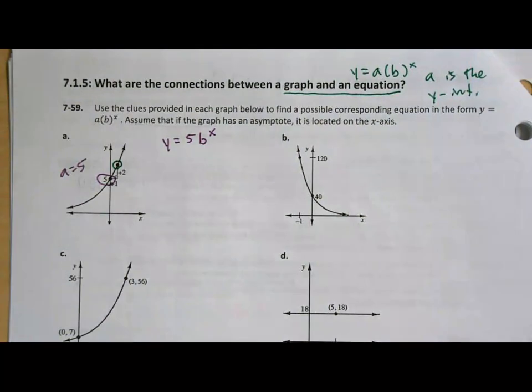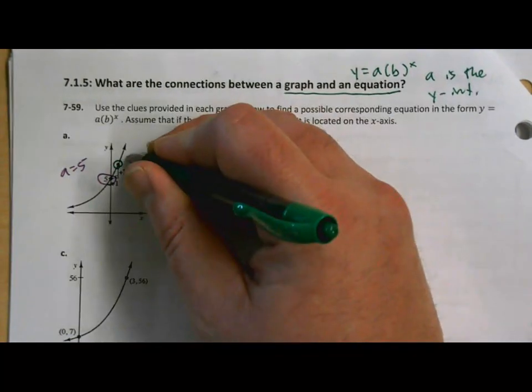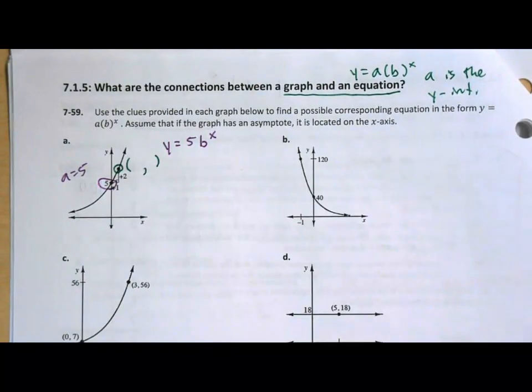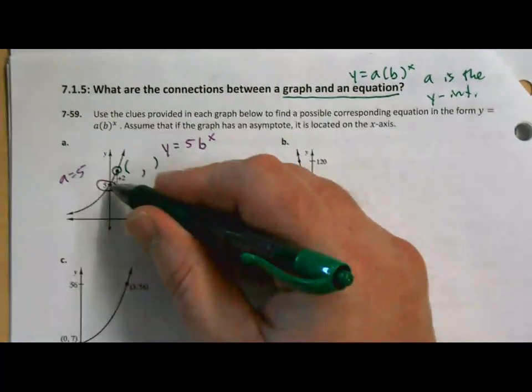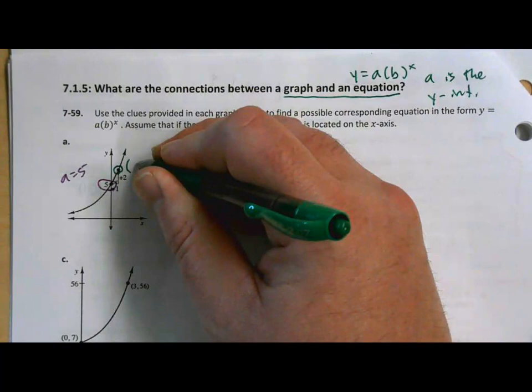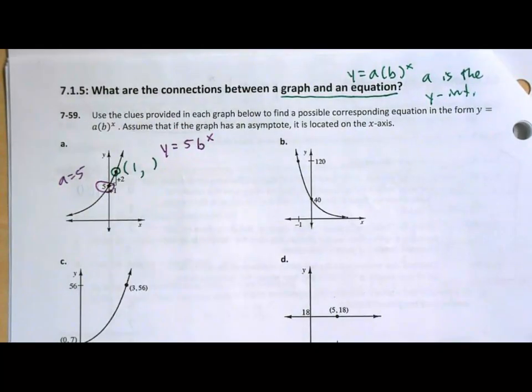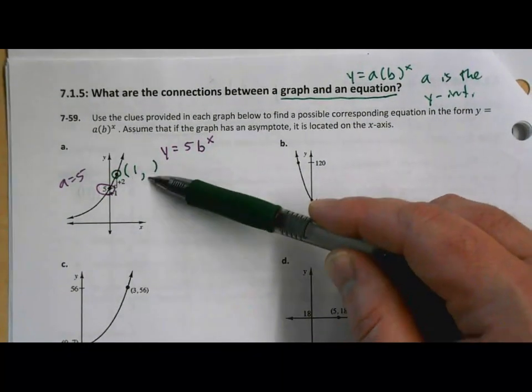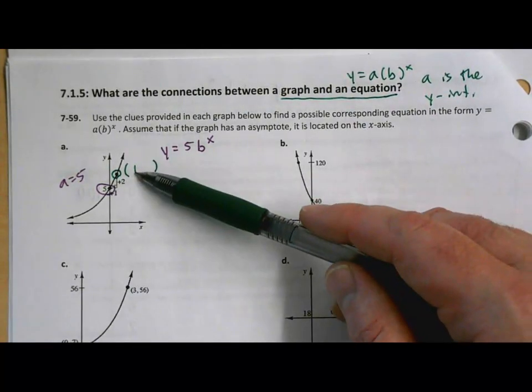Can you guys look at those numbers and tell me what the coordinates of this point would be? It's over 1 from the y-axis, so this would be a 1. I agree with that. And did you say 7? Well, yeah, what's the x-coordinate and what's the y-coordinate? I agree with your x-coordinate of 1 because it's over 1.